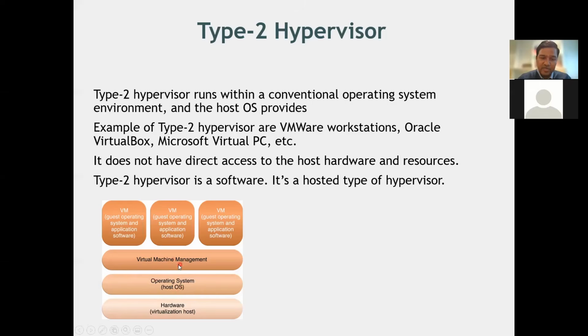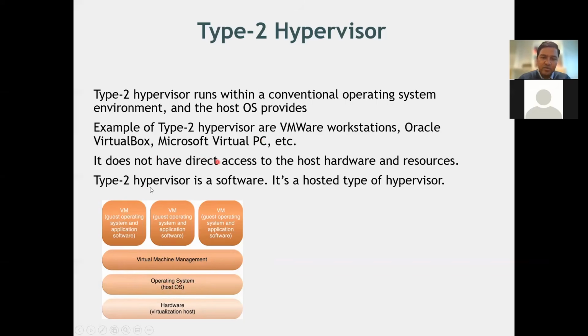And on top of it, if I install this ESXi, then it is a virtual machine management software. Then I can virtualize my laptop or desktop hardware behind it into a VM, and on the VM I can install the guest operating system. But in type 2 hypervisor, we have to install the same OS as what is below.